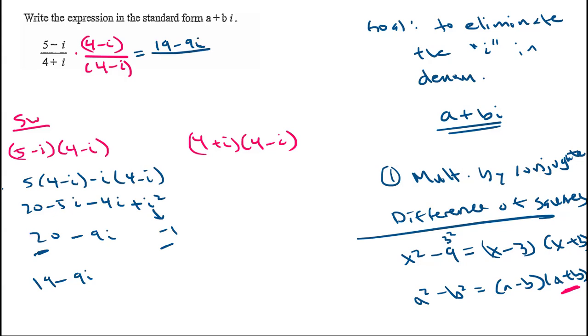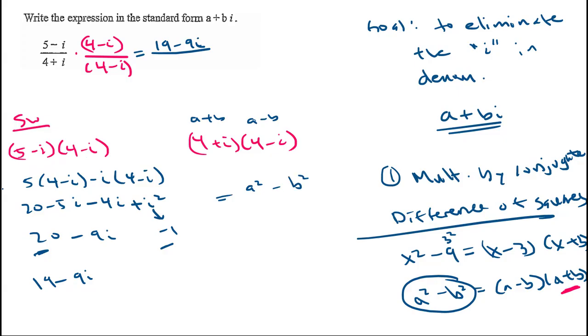Okay. Now on the bottom here, 4 plus I times 4 minus I, I can go through the same process of distributing those terms to each one, or I can just use my formula, right? So this is my a plus b, and this is my a minus b. And the formula says, just take a squared minus b squared.